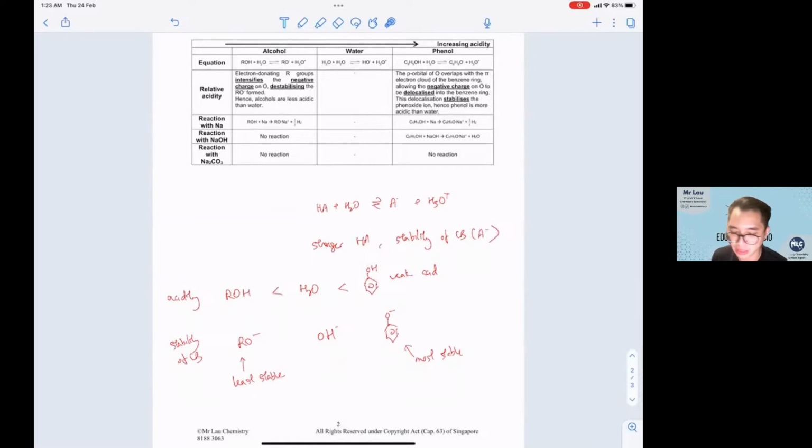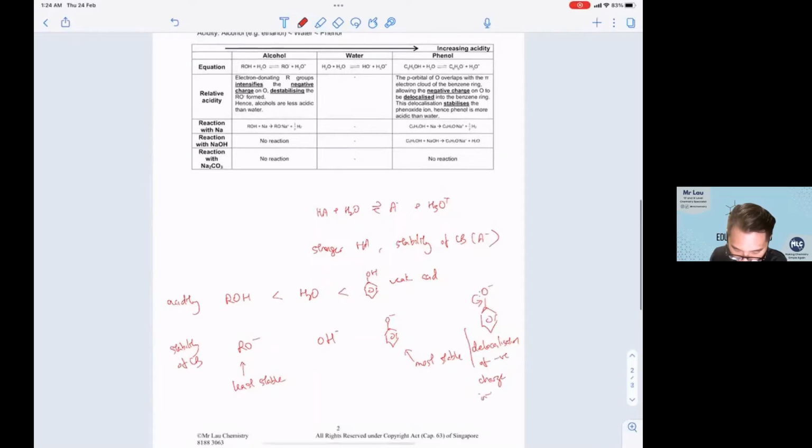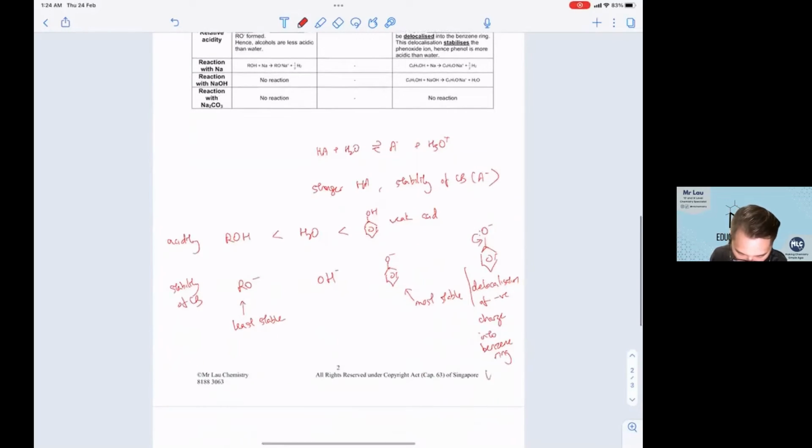The reason for this stability is because the negative charge on your phenoxide can be delocalized into the benzene ring. The delocalization of the negative charge into the benzene ring will lead to stability.